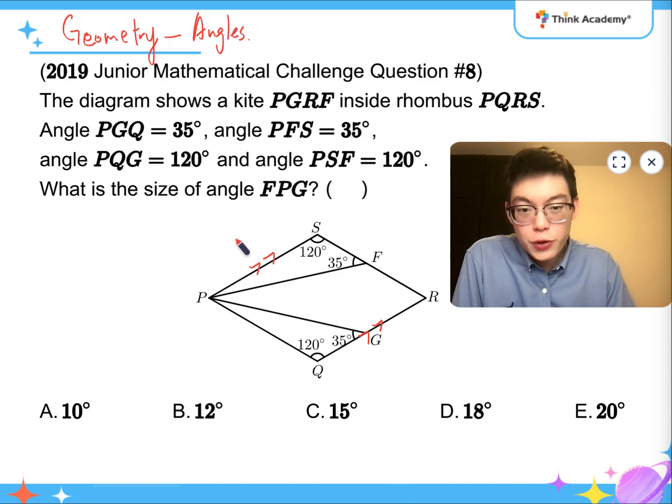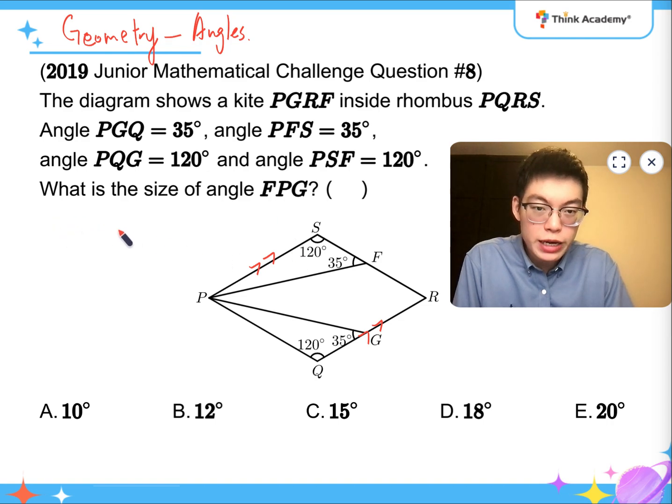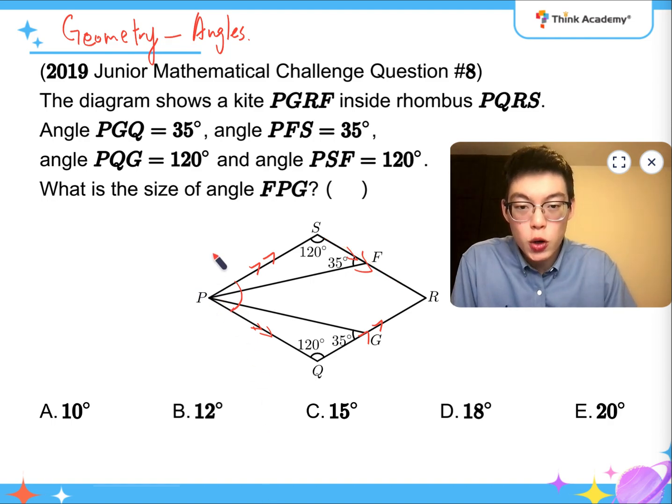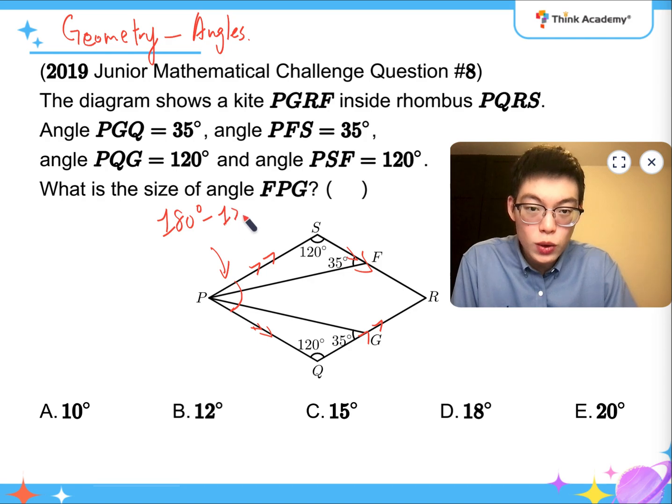So if you're making use of the co-interior angles, it means that this angle and 120 degrees adds up to 180 degrees, because they are co-interior angles with SR and PQ being parallel. So this one is 180, take away 120, that is 60 degrees.